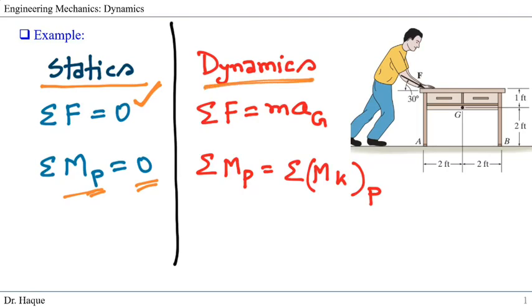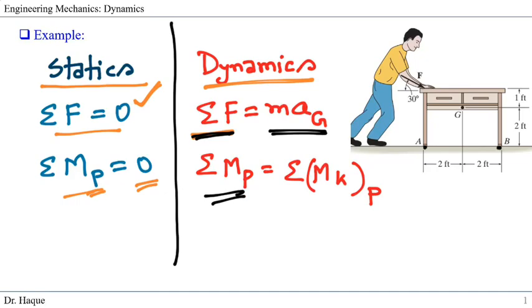In dynamics, the easiest way to remember is that you will have the same equation, the summation of all forces, but since dynamics is in motion, we need unbalanced force. Unbalanced force causes the motion, so instead of 0 we will have m a_G, the acceleration of the mass center G. And also the moment about any point P on the body.